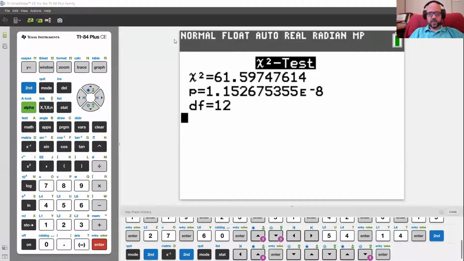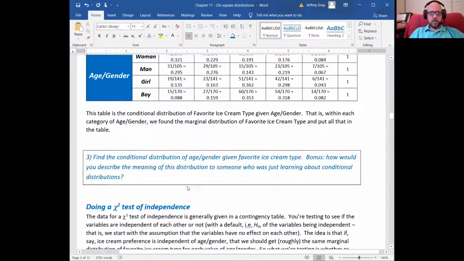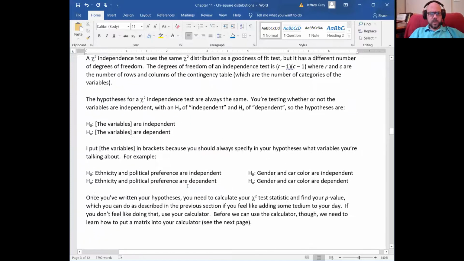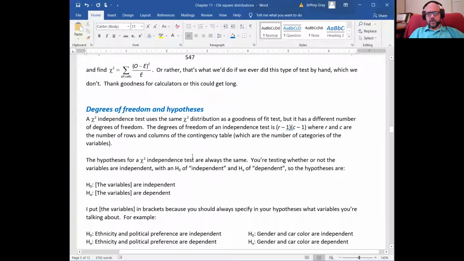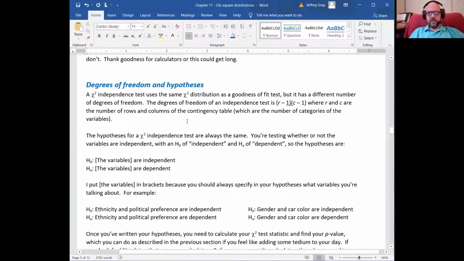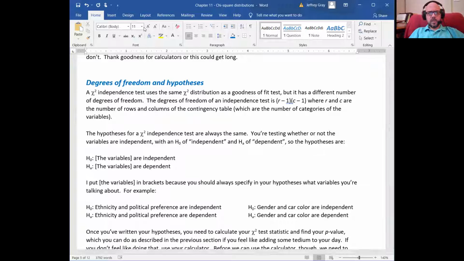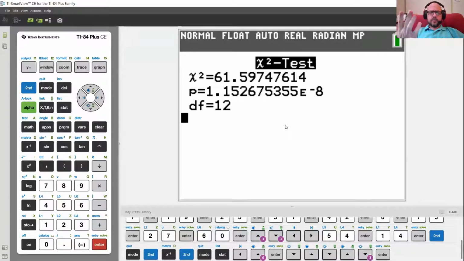So let's go back here for a second. I want to talk about the degrees of freedom very briefly. The degrees of freedom for a goodness of fit test were just number of categories minus 1. And you might say to yourself, well, we have categories in 2 different variables.